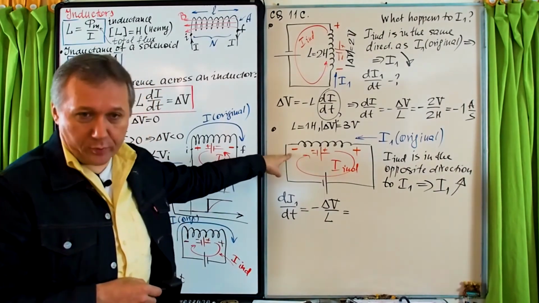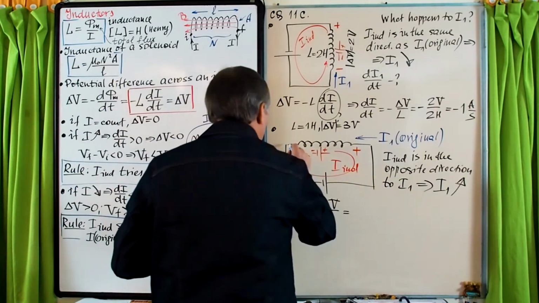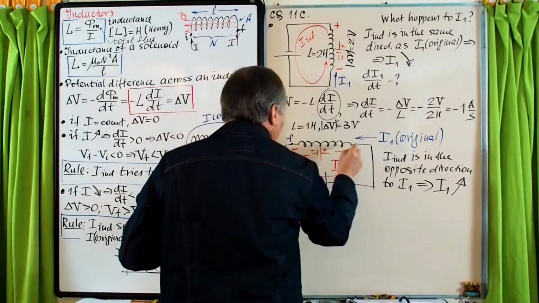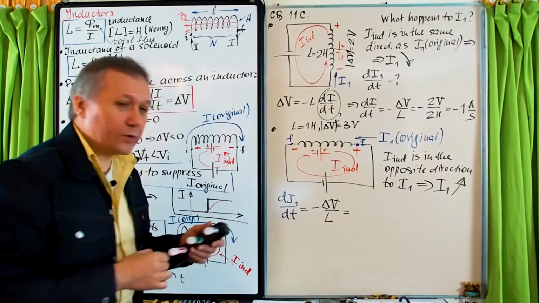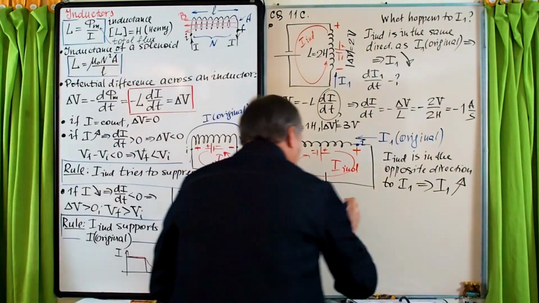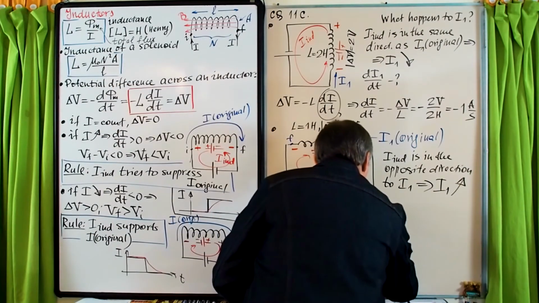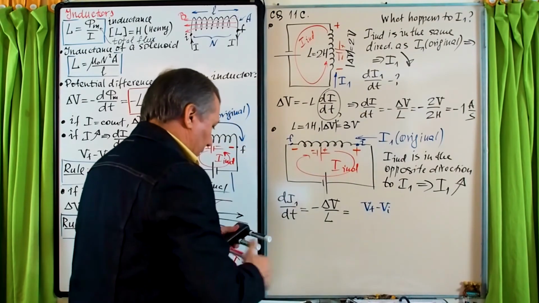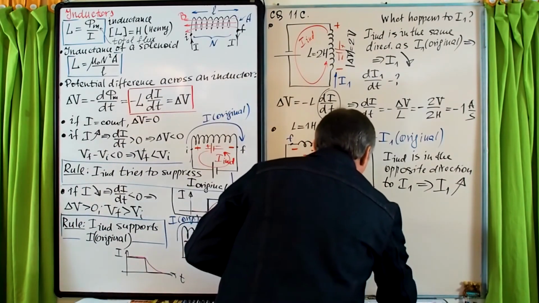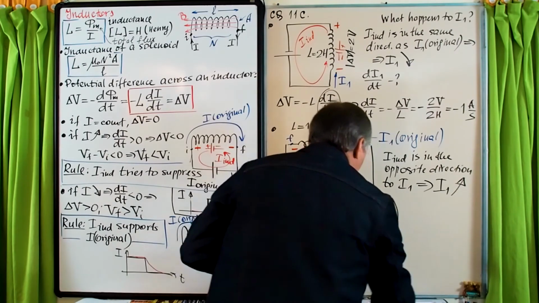This is the final point. Again, let me emphasize that. This is the final point. This is the initial point. So delta V is V final minus V initial, minus and divided by L.